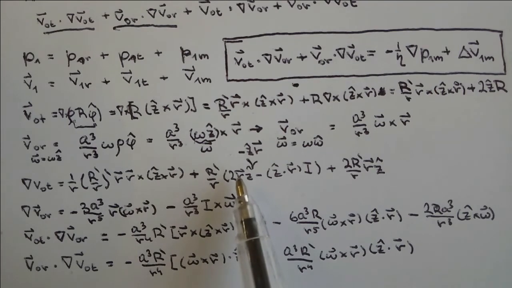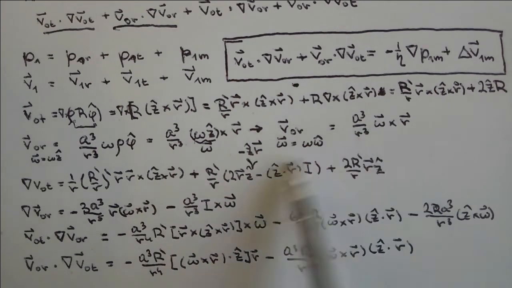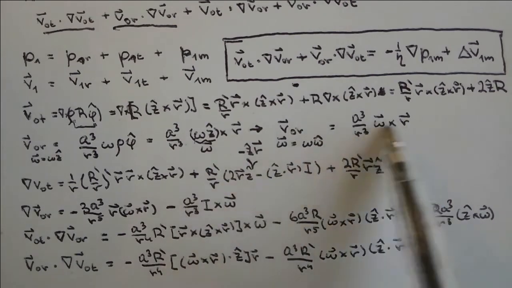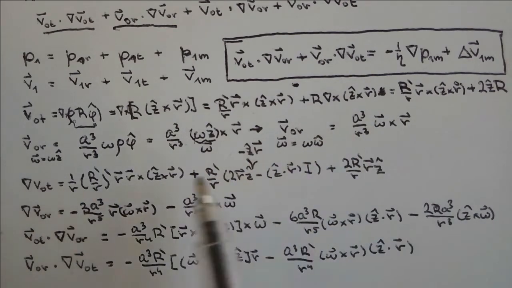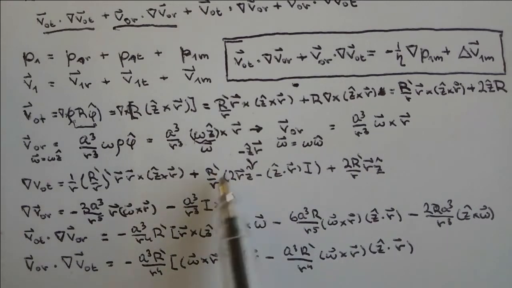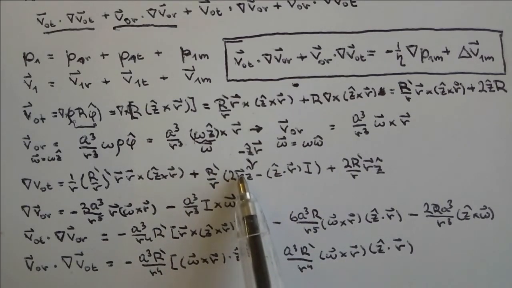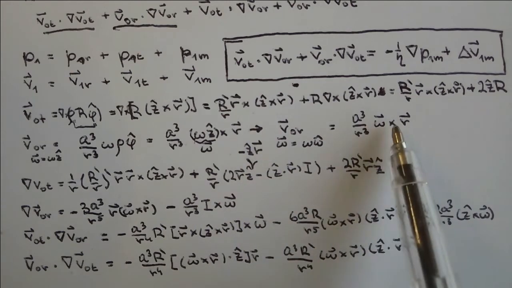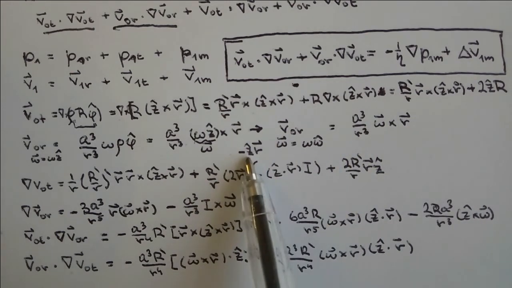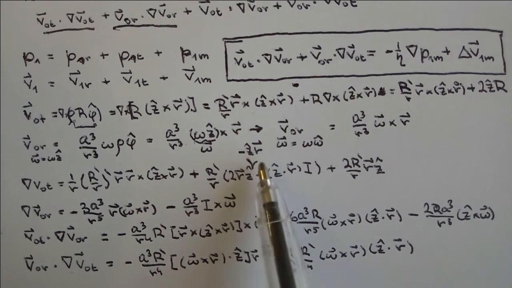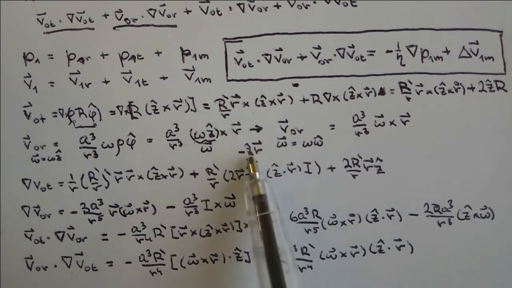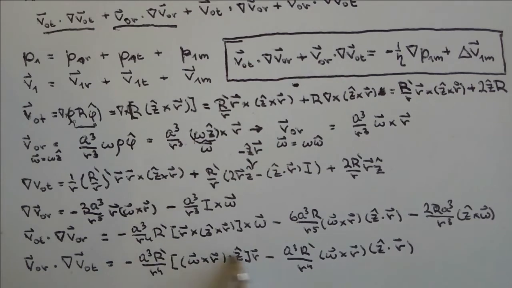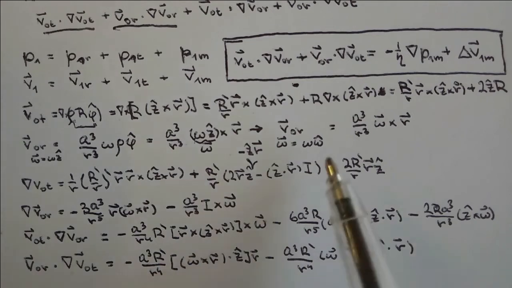These all are proportional to r, so this will vanish because the dot product of two perpendicular vectors is 0. This term vanishes, this and this, so the only remaining terms are from this, which is omega cross r dot z hat, times z hat, and r will remain. So this is this term with minus from here, and r squared, r to the fourth power.